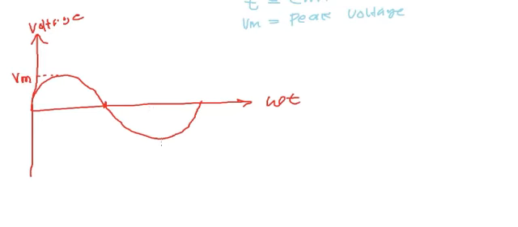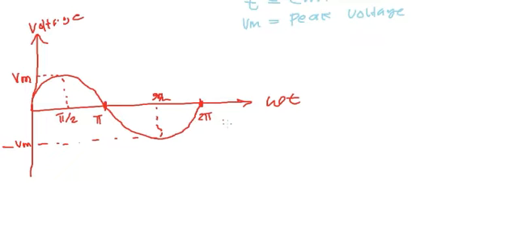The minimum value is minus Vm. We know that this is pi, this is 2 pi, and this value is pi by 2. I think this is clear from your trigonometry understanding. If you have some doubts, please refer to your class 11 trigonometry.